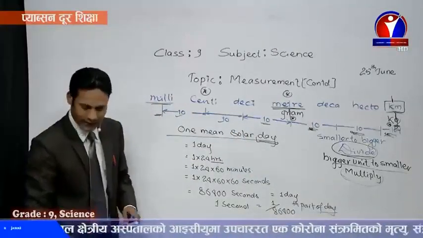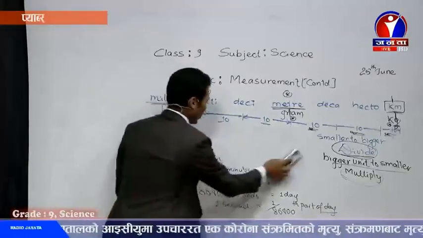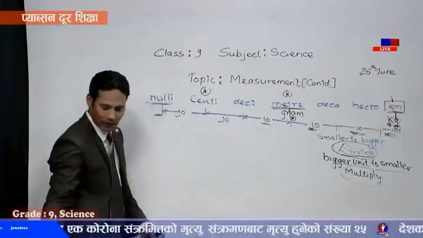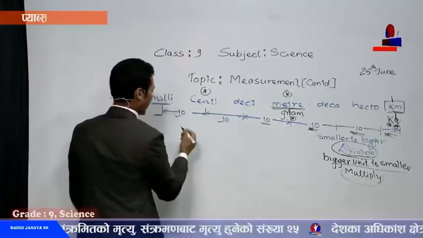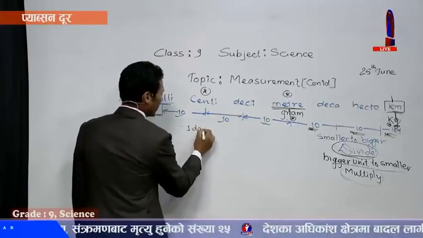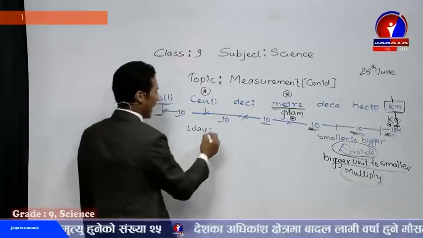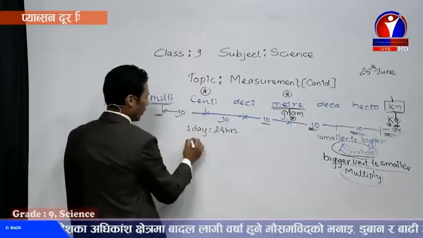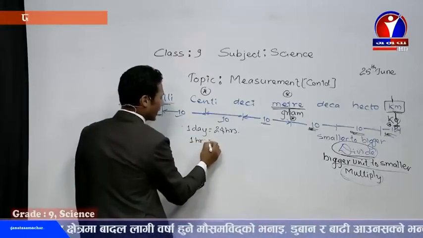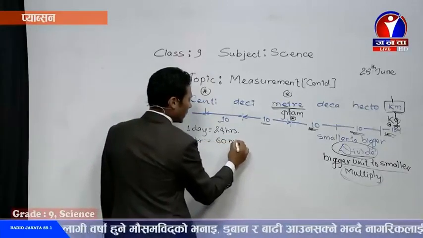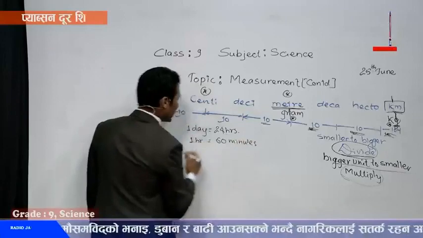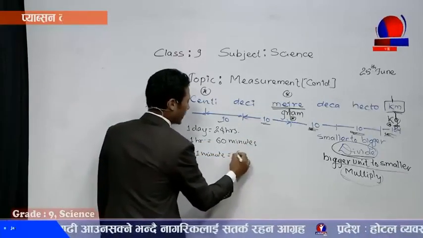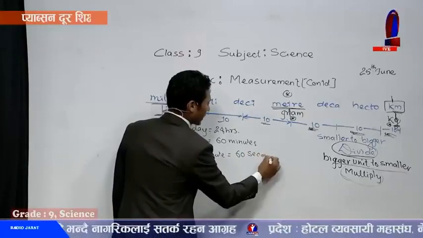So conversion of time is also there, and we are all familiar with different units of time. For example, 1 day is 24 hours. 1 hour is equivalent to 60 minutes, and 1 minute is equivalent to 60 seconds.